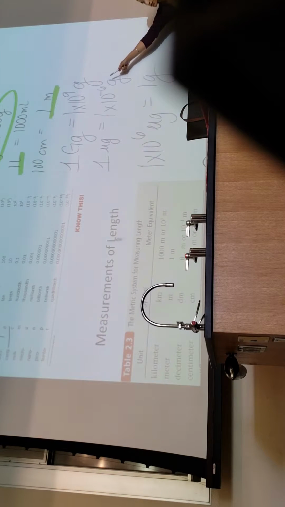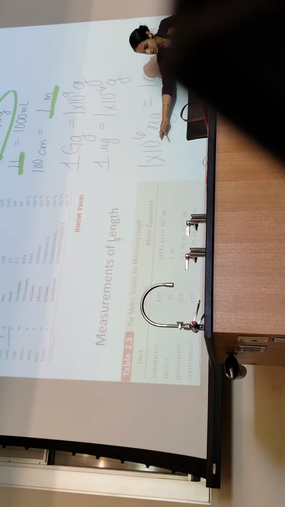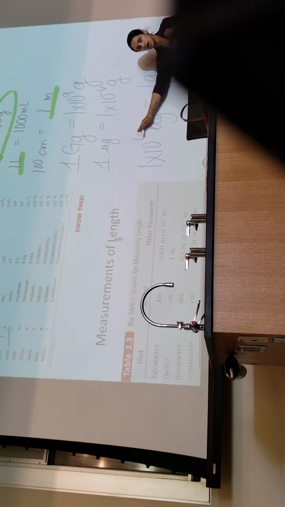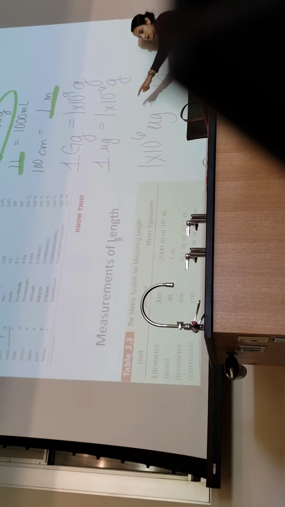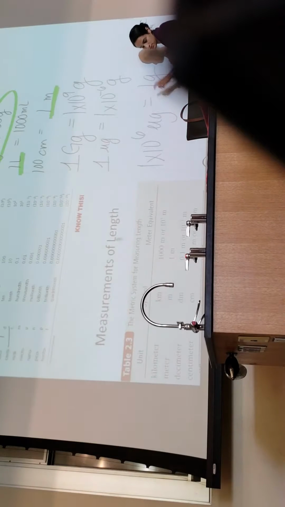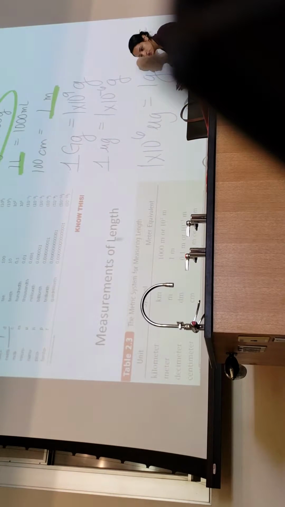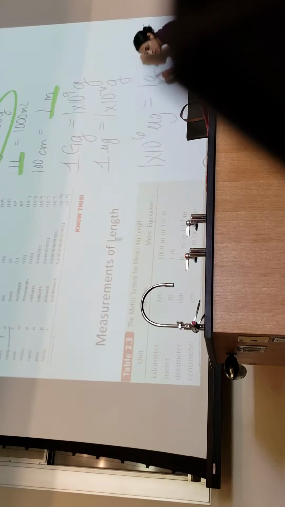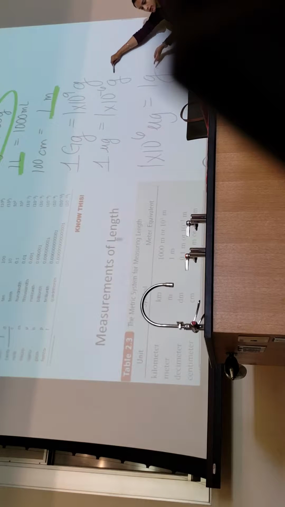So here it was to the -6. Now it's in front of the prefix, but it's +6. So 1 gram is 1,000,000 micrograms. That makes sense because micro is very small. You need a lot of them to make up 1 gram. So both ways work. It's up to you which way you want to do it.